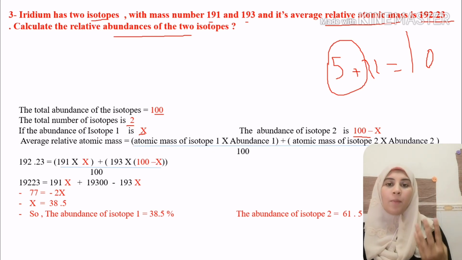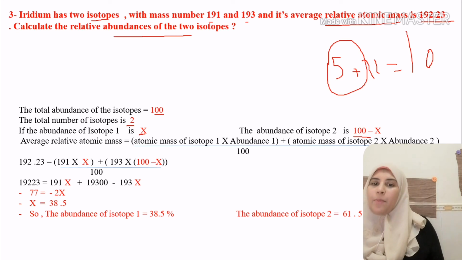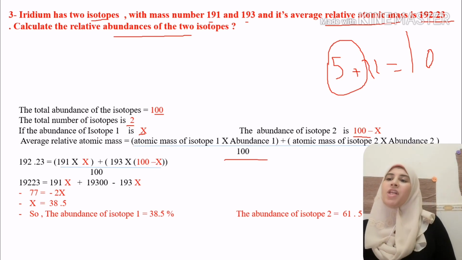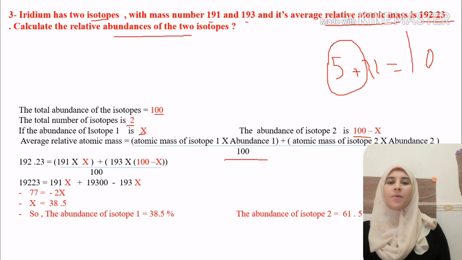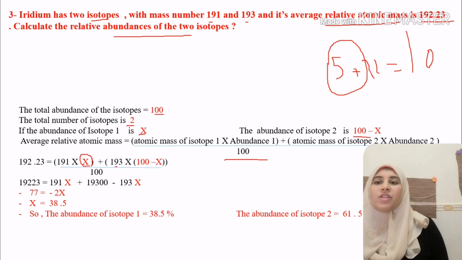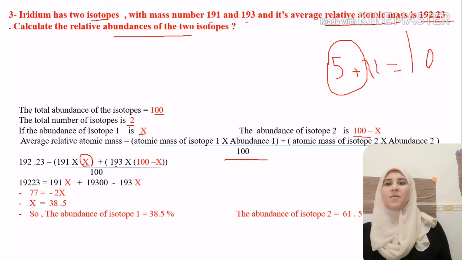The relative atomic mass equals atomic mass of the first isotope times its abundance plus atomic mass of the second isotope times its abundance, all of these divided by 100. So the AR of the element is 191 times X, its abundance, plus 193 times 100 minus X, divided by 100.